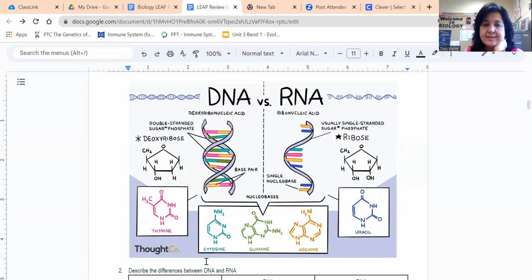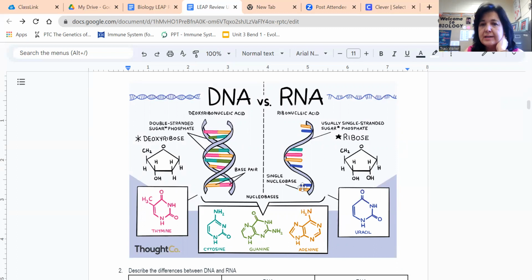Then you've got cytosine, capital C, guanine, capital G, adenine, capital A, and uracil, capital U. You'll notice that both DNA and RNA have cytosine, guanine, and adenine, but only DNA has thymine and only RNA has uracil.